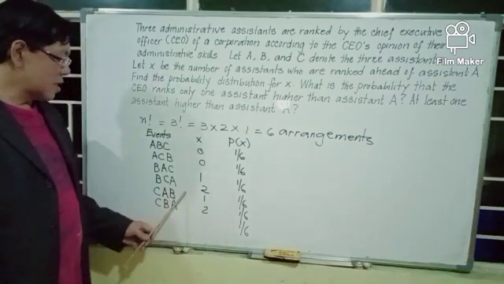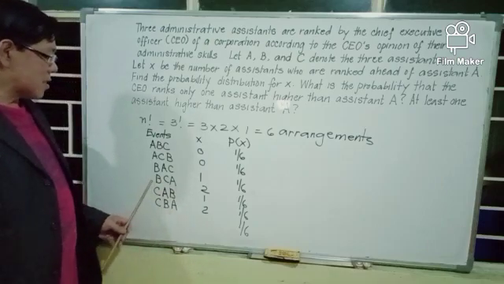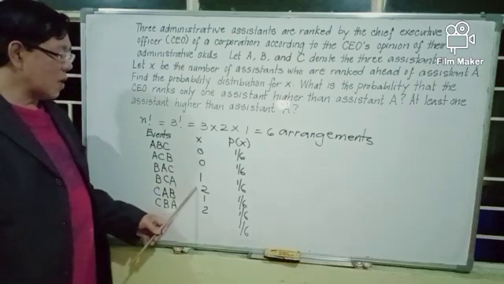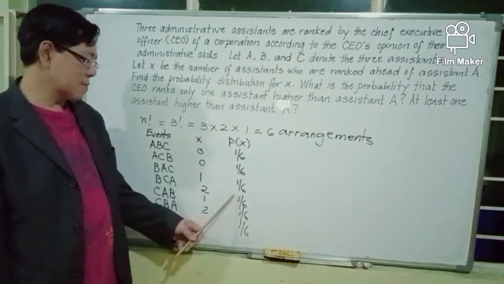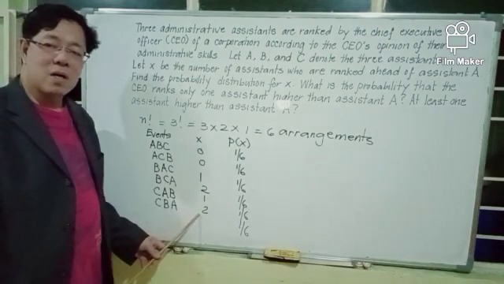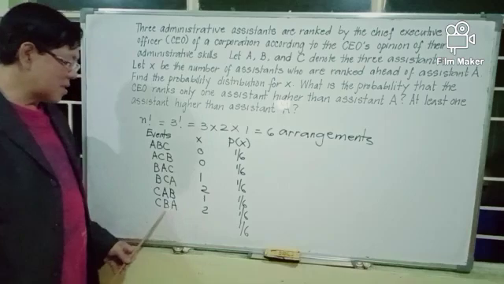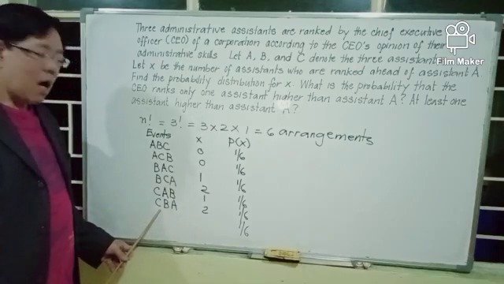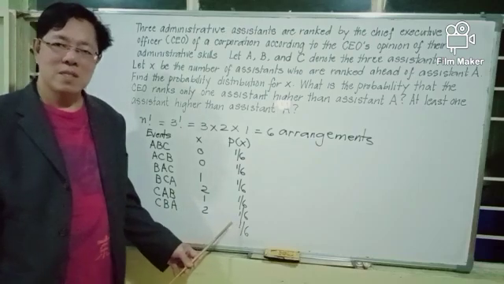And the same for the remaining events: the probability of the event where the value of x is 2 is 1 over 6, and the probability that x is 2 corresponding to the arrangement CBA is also 1 over 6.